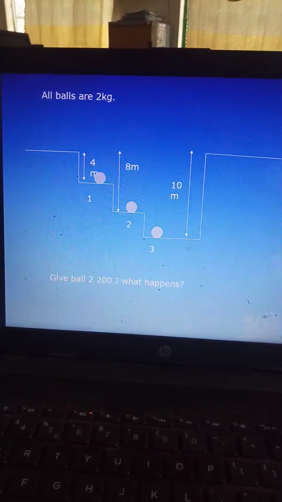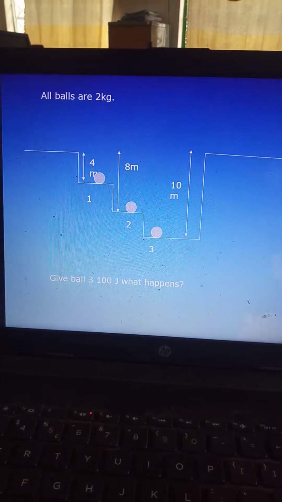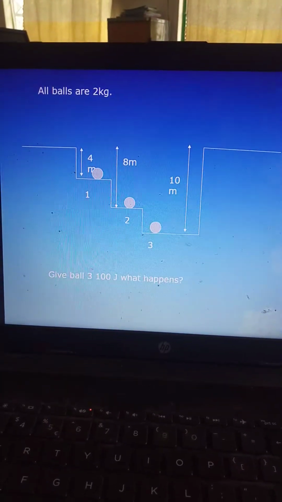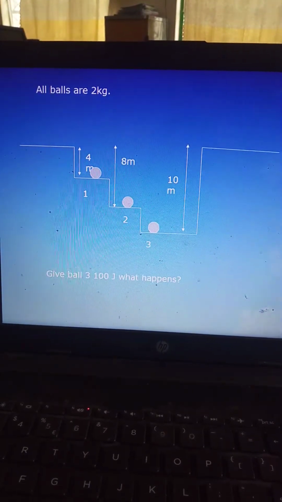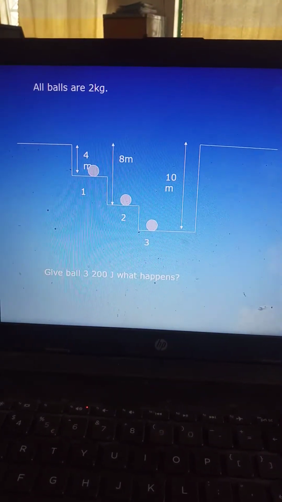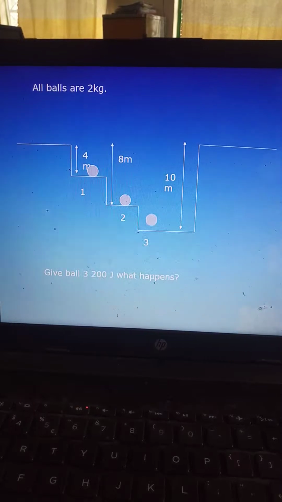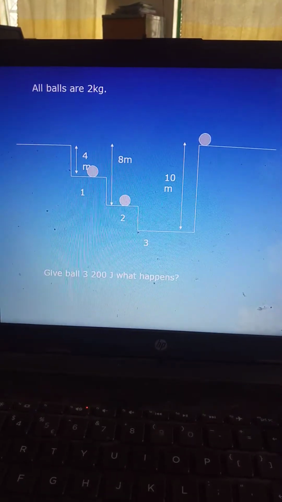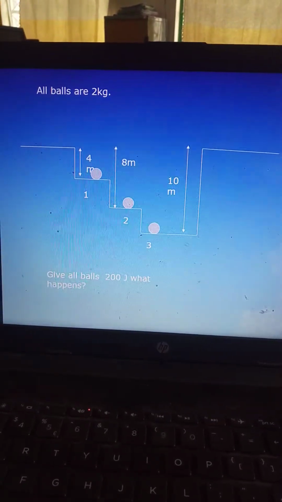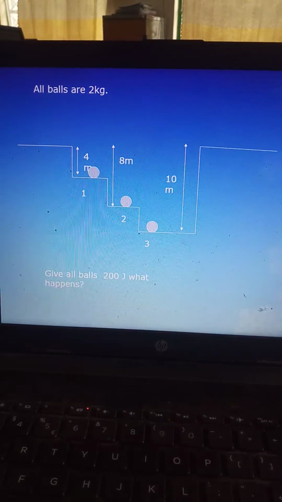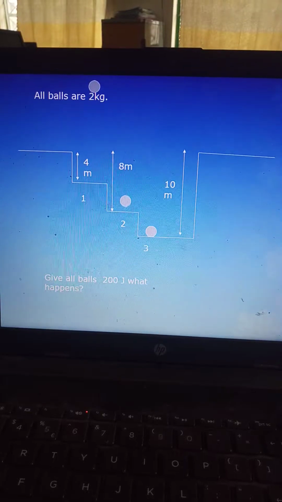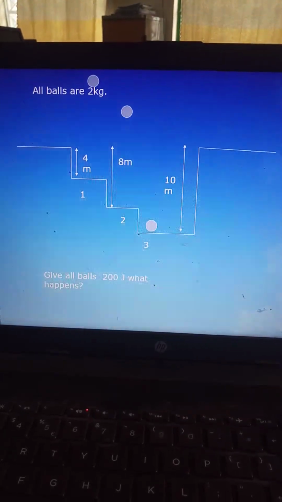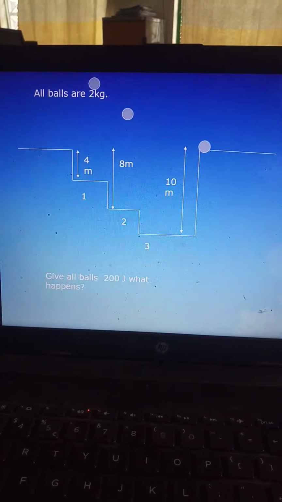Give ball 200 joules. It's when it will reach the other one. Give ball 300 joules. Give ball 200 joules. Give all the balls 200 joules and see what happens. 200, 200 for that one, 200 for that one.